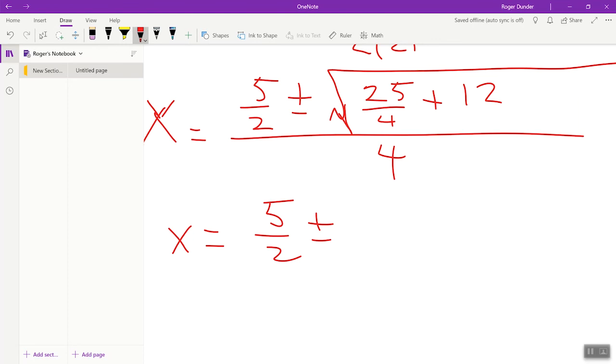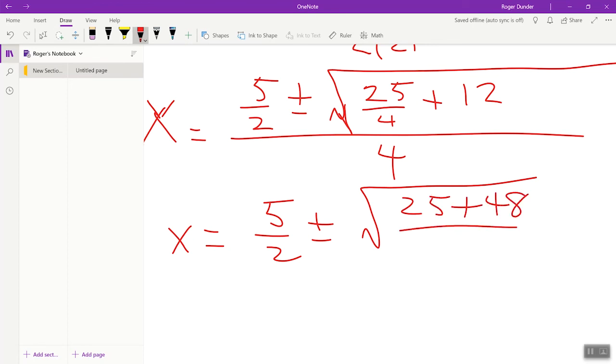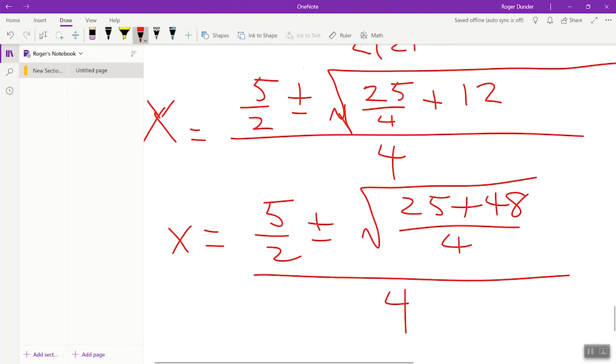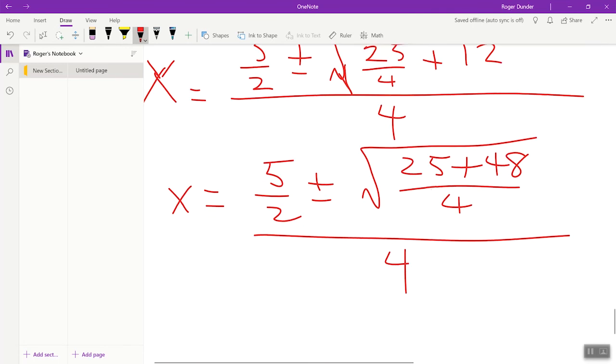So this is 25 plus 48 over 4. And the whole thing is divided by 4 again. Okay. Now, this radical here, the square root that we're looking at, notice the denominator is 4. 4 has a square root, and that looks like it might come out nicely.